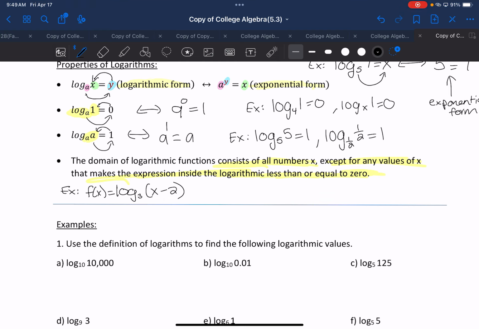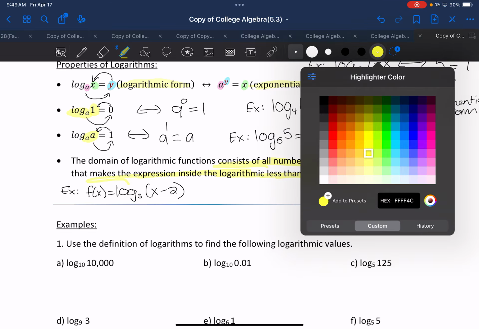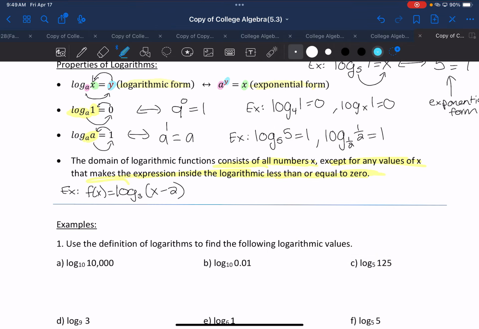If there is more than just a number or more than one term in the log function, they'll usually put that in parentheses for you so that you know all of that is being contained in my log function. And so all of that needs to be greater than 0. We cannot take the log of anything 0 or negative.